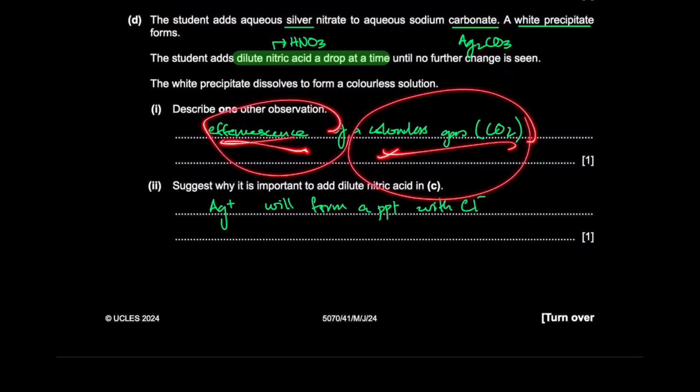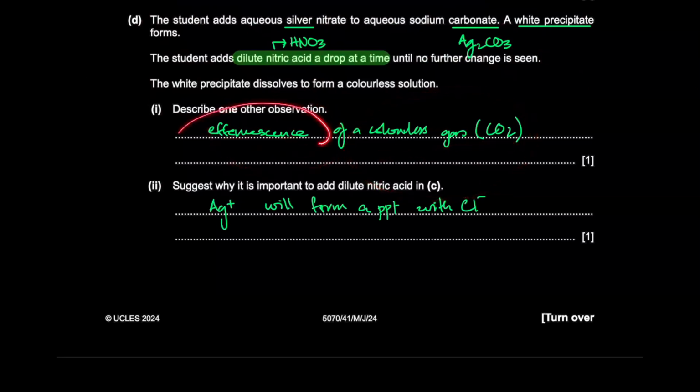You clearly want a colorless solution in which you can see bubbling, effervescence of the colorless gas. So Ag plus will form a precipitate with chloride. HNO3 is used since all nitrates are soluble. This is the full answer: all nitrates are soluble, so CO3 2 minus can be identified.